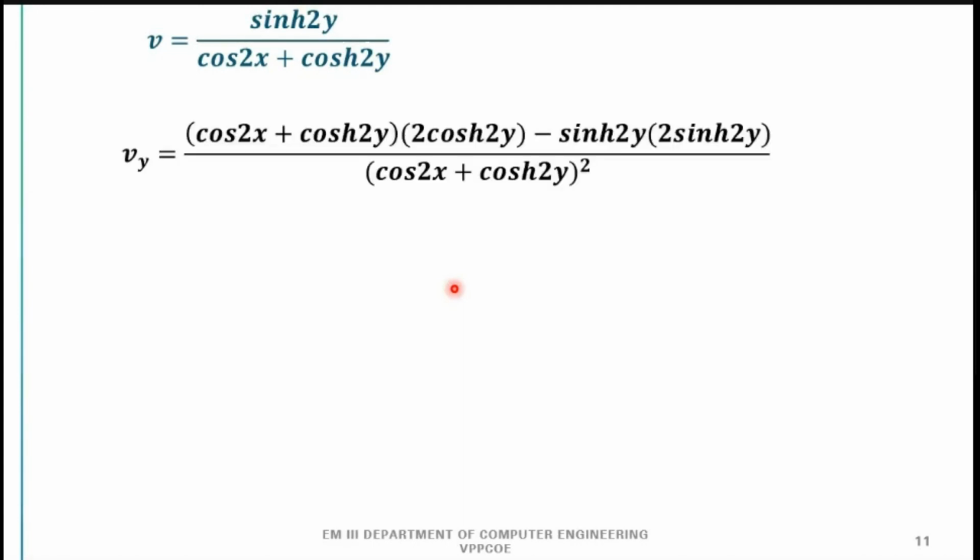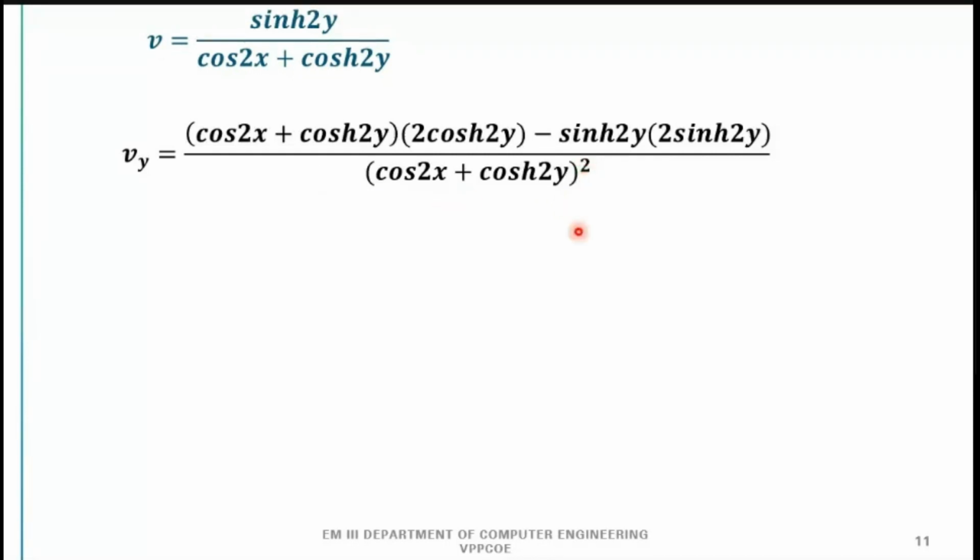So Vy, again V into du. Du is sin h2y का derivative. That will become 2 cos h2y minus u into derivative of V. That is equal to 2 sin h2y upon cos 2x plus cos h2y the whole square.